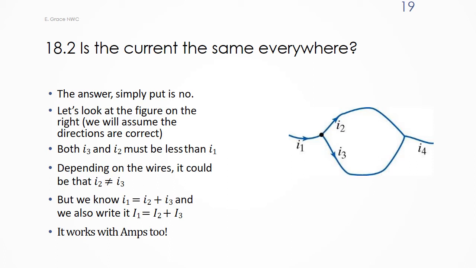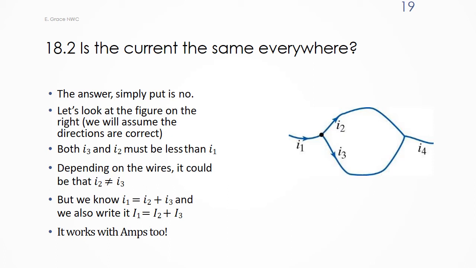And so you have current coming in at I1, and we see that it's splitting. So you can't have exactly the same amount of current in I3 and I2. They must both be less than I1, and then I1 would be equal to I4.